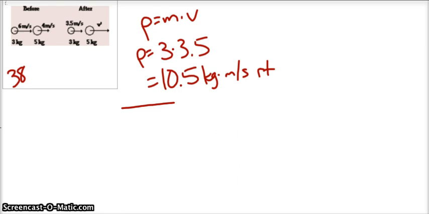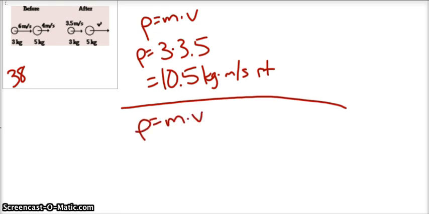For the second one, P equals M times V. We don't know what P is just yet, but we can figure it out. P equals mass, which is 5, and velocity, which is V.